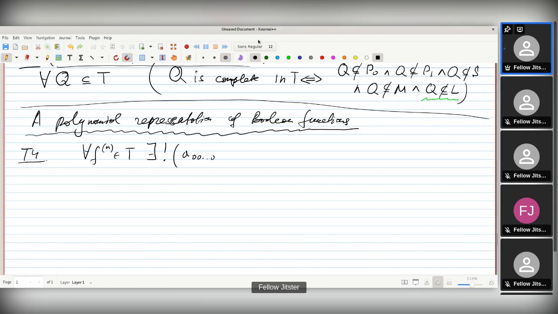Look, these coefficients are indexed with tuples of length n.